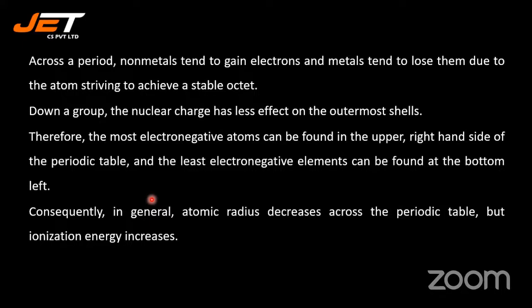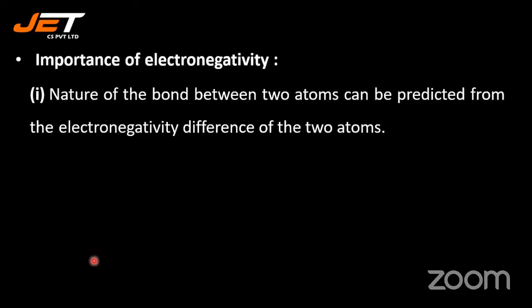Down the group, nuclear charge is less affected. This is the reason why in the period you can see it is increasing, and in a group you are seeing decreasing. This again is important for boards. Okay. So the atomic radii increases down the periodic table, ionization energy decreases.